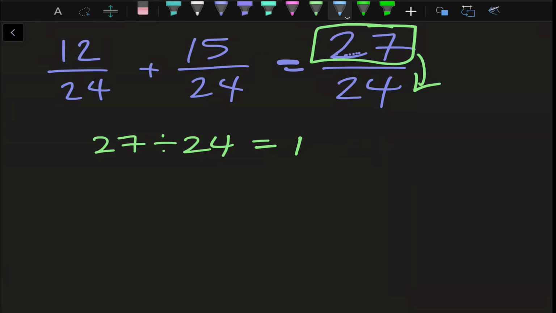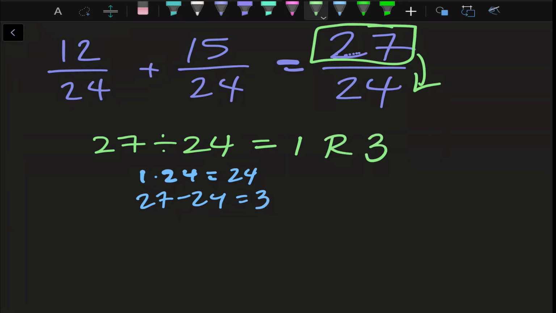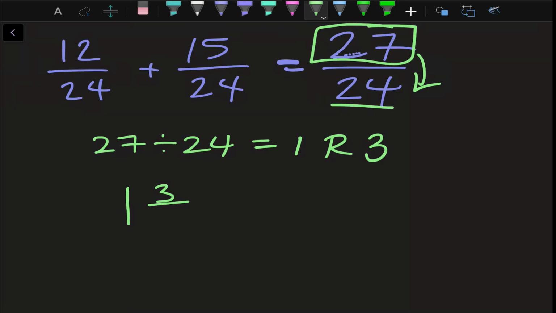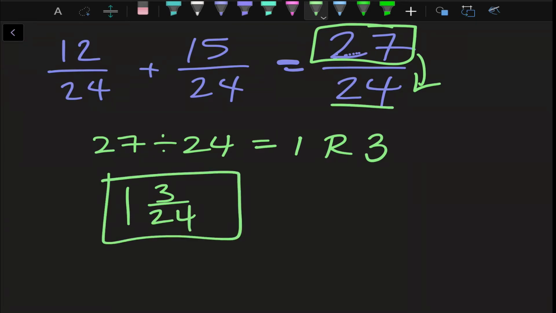Okay, so now we know that 1 times 24 is 24, and 27 minus 24 is equal to 3. So our answer is 1 with the remainder 3. And then we just take this here and we can write it as 1 with 3 over the original denominator, which is 24. And that is our simplified answer, 1 and 3 over 24.